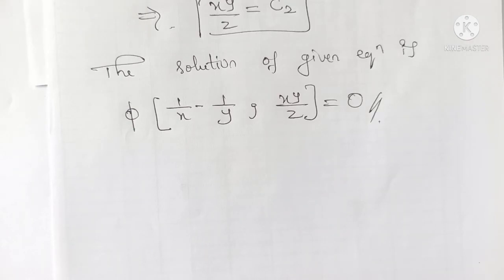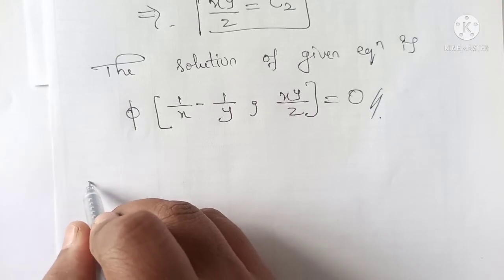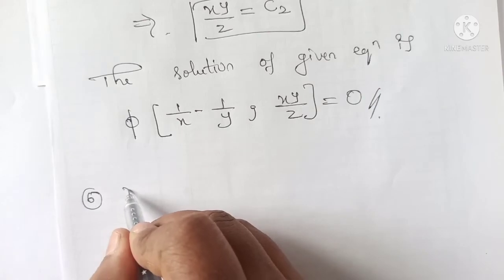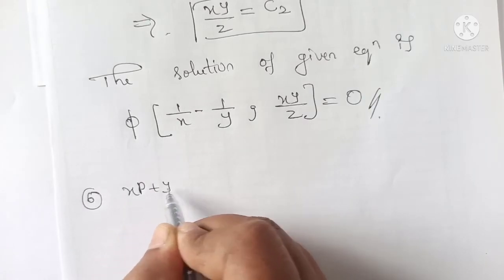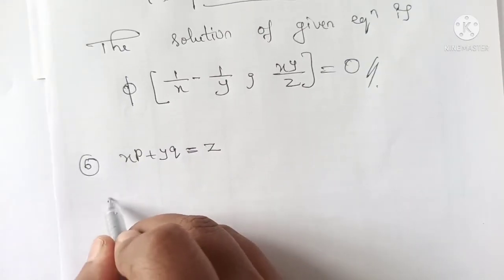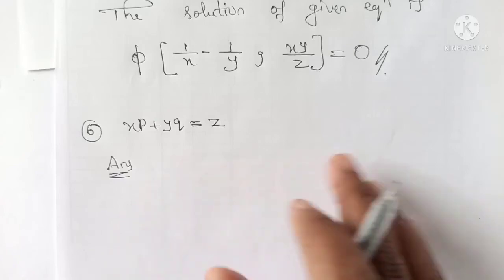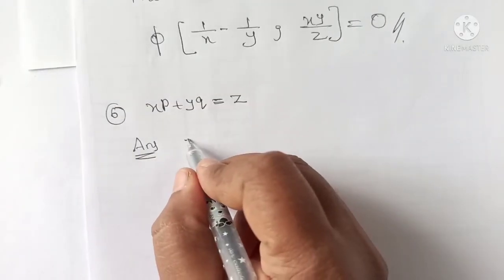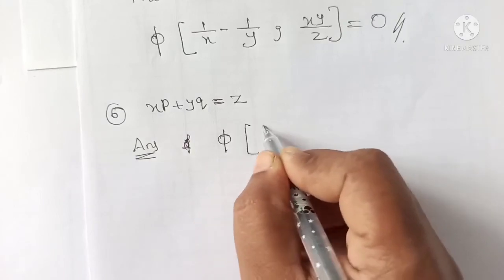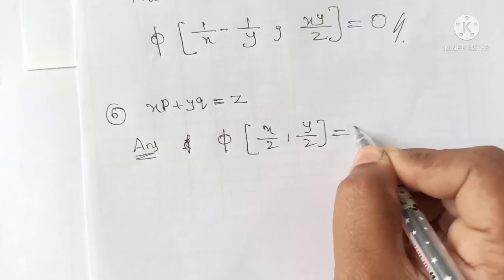Next we have one more example. You try this by yourself: xp plus yq equals z, and its answer is phi of x divided by z, y divided by z equals 0.